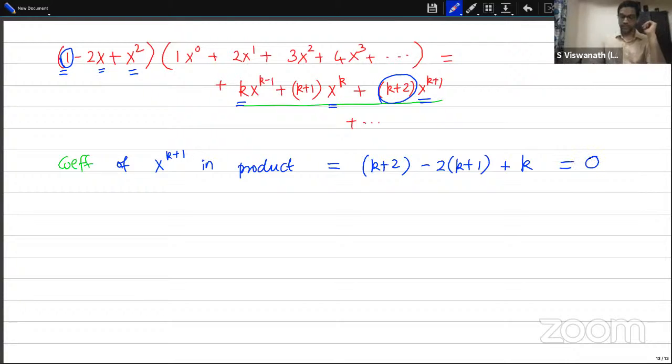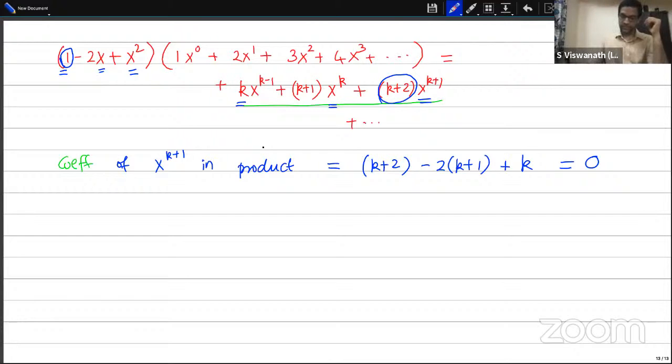So all the coefficients of x to the k plus 1, the terms in the middle, when k is at least 1, are all 0. Once k is at least 2 or at least 1.